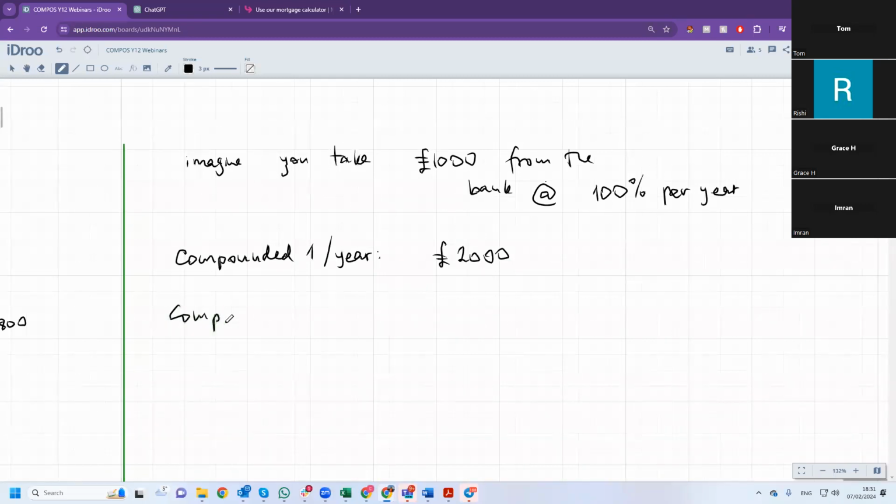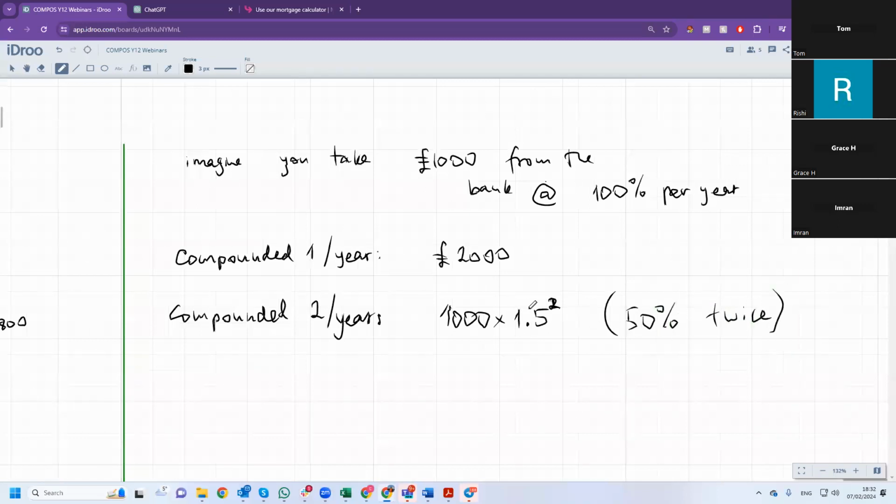If it's compounded twice per year, that means you will pay 1,000 multiplied by 1.5, to the power 2, because it's 50% twice per year. So you add 50% twice.